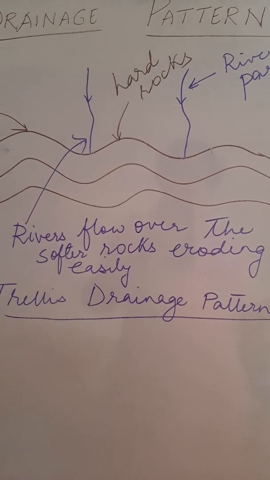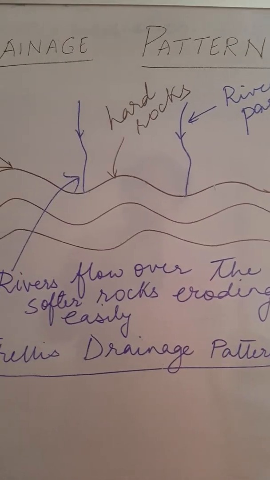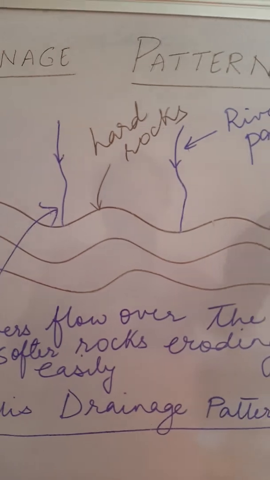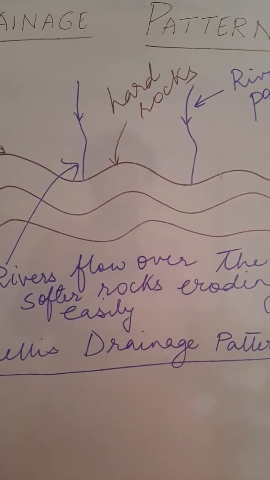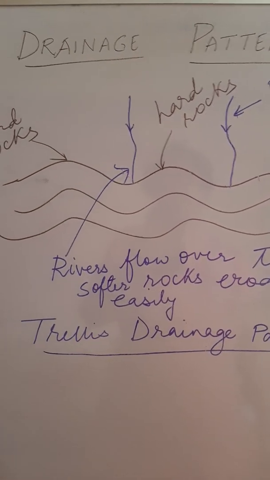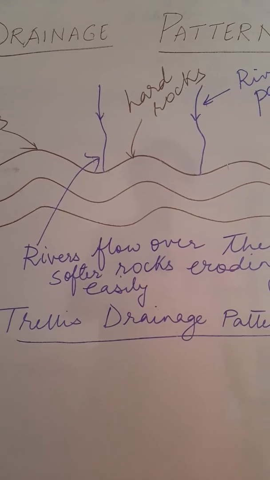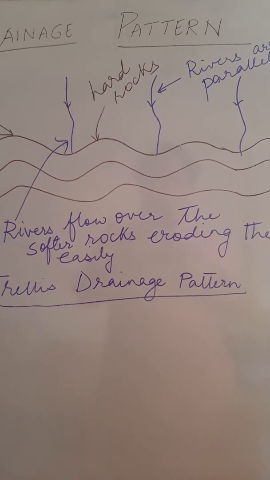In the conical hill you have found that the rivers are flowing in different directions. Here the rivers are flowing in the same direction, but they are not meeting each other because they are flowing parallel to each other. So such a drainage pattern is known as the trellis drainage pattern.